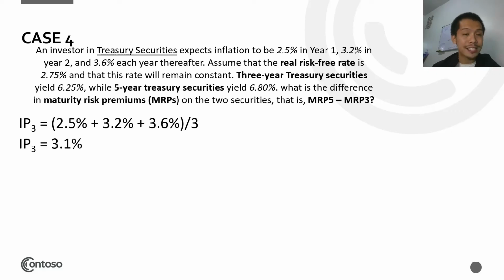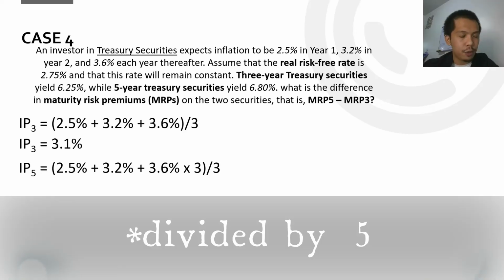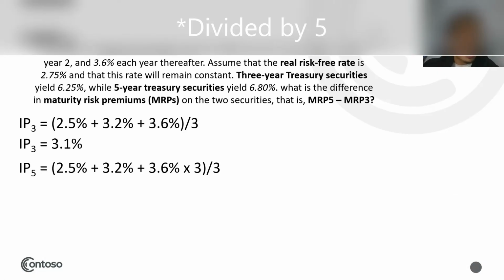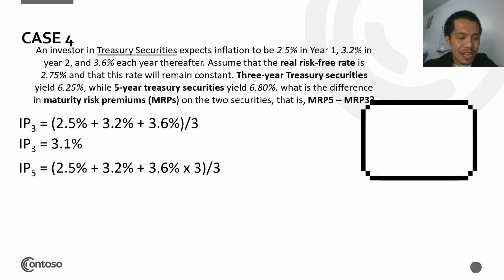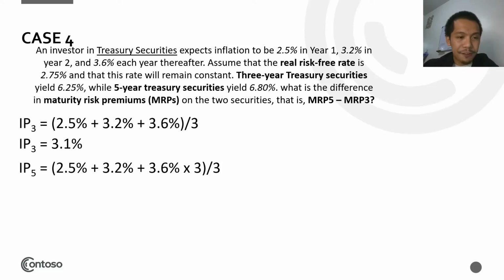IP sub 3 is 3.1%. IP sub 5, you have 2.5% plus 3.2% plus 3.6% times 3, representing years 3, 4, and 5. All of this divided by 5, inflation premium for a 5-year security would be 3.3%.